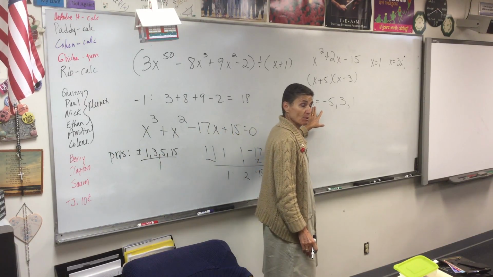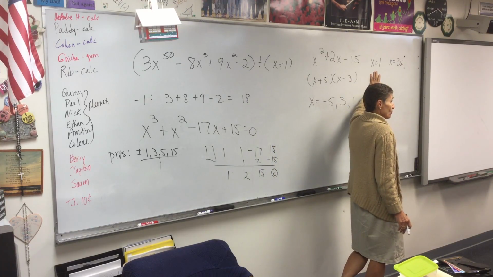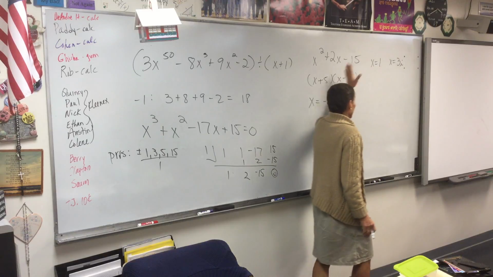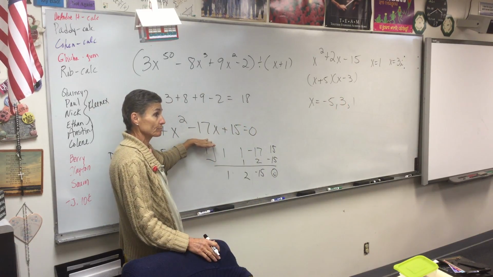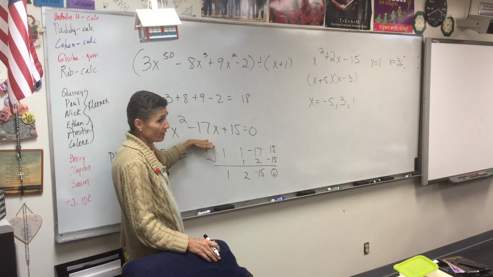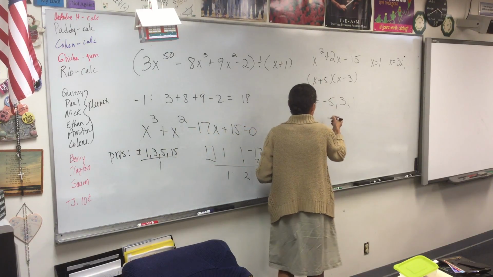What the zeros are. Well, now you're given the zeros, and you're going to work it backwards and come up with the equation. Okay? Now, I don't think that's too much for you. I think you can handle that. Think about working this problem backwards.